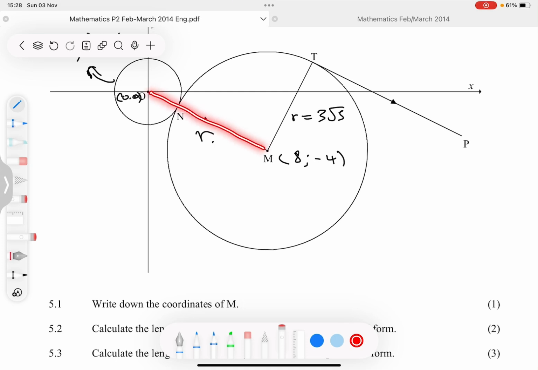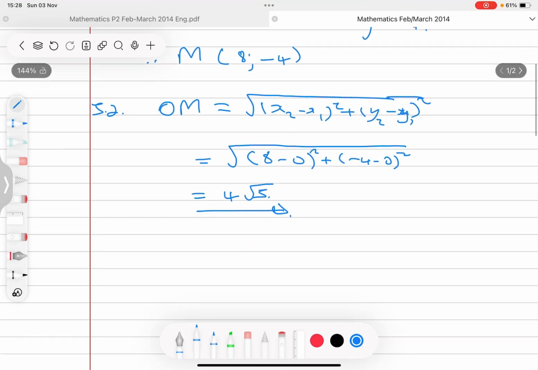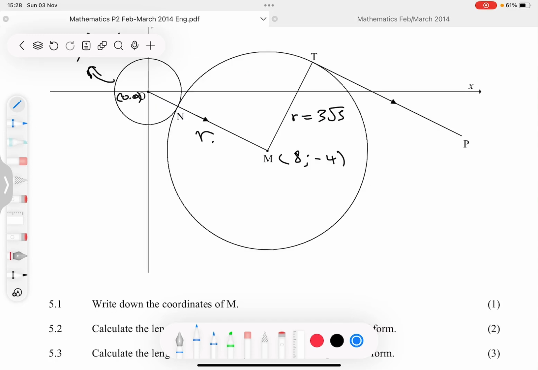However, we know the distance from here to here, right? So I can say here on this question 5.3, I can say that the distance OM is equal to, now look at this, very, very important.